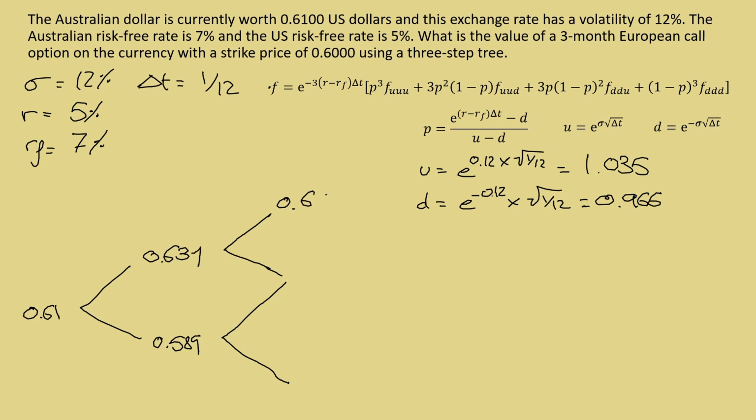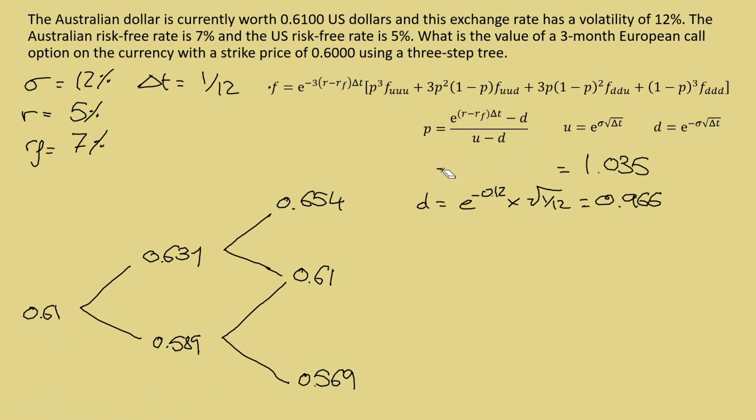Then here we get 0.654. Then 0.657 times D, we get 0.61 again. 0.589 times D, we get 0.569. And then because this is a 3-step tree, we need to go one more time.